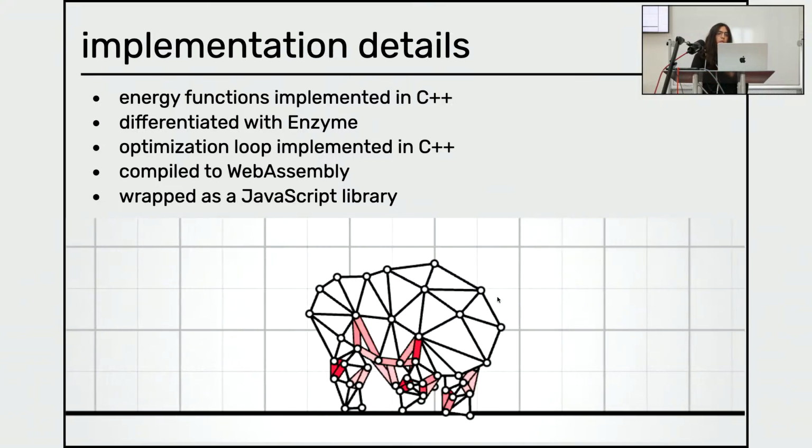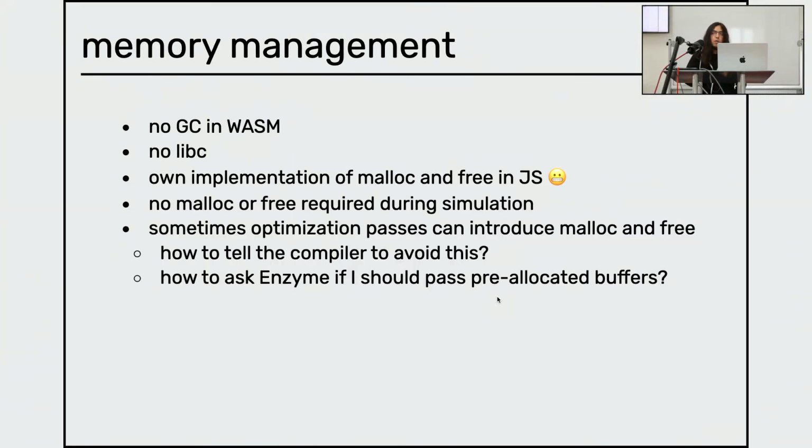I want to say a few more things about this particular WebAssembly environment. In WebAssembly, there's no garbage collection. You just get an array of bytes, and you can do whatever you want with it. I also wanted to keep the number of dependencies to a minimum, so I made the decision not to use libc, and I don't know if I'm going to regret this decision.